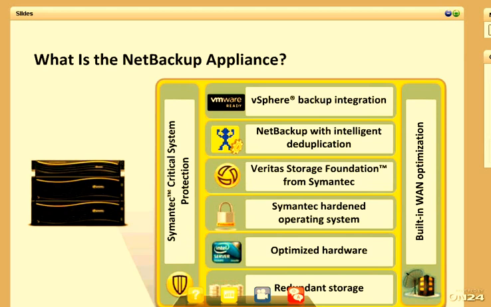And unique to the appliance, a lot of those things that you see right there are available within the NetBackup core platform, but unique to the appliance is the integration with Critical System Protection, which is a Symantec product for security. And also on the back end is the built-in WAN optimization to remote facilities.